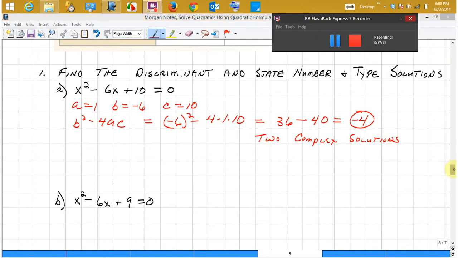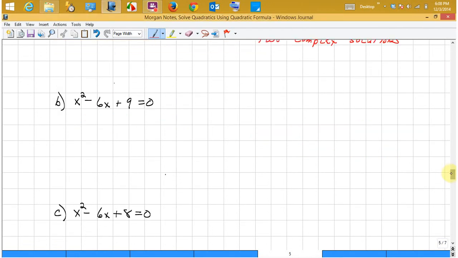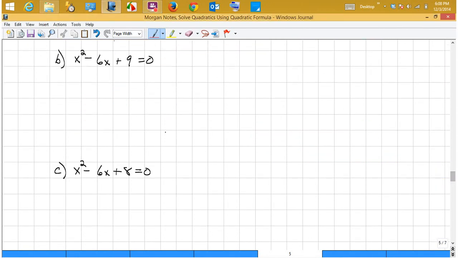Okay, let's go to the next one. So in this one, a is 1, b is a negative 6, c is 9. Now remember, you always have to have them equal to 0. In this case, we don't have to move anything over to the left-hand side, but remember, be careful to do that. So the discriminant is b squared minus 4ac.